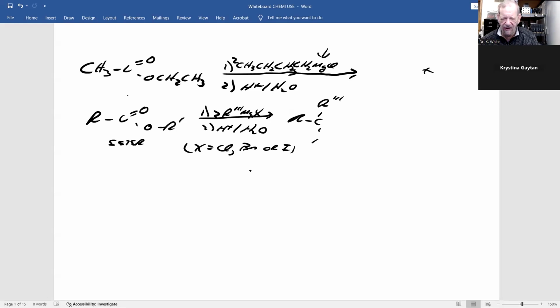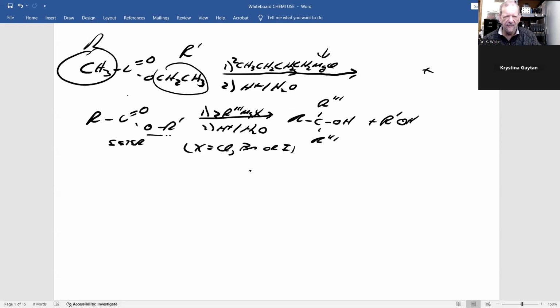The first one, you make not 1, but 2 carbon-carbon single bonds. And the second alcohol comes from here. So this is R. This is R prime. And here's my R triple prime. So my R group is methyl.